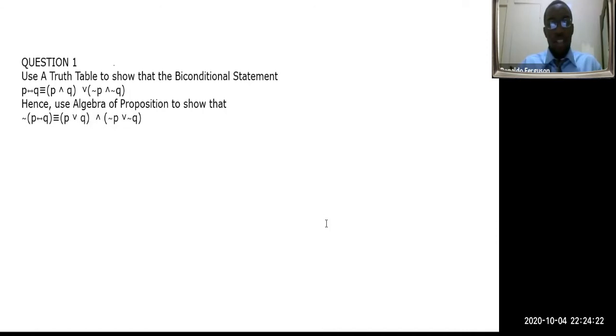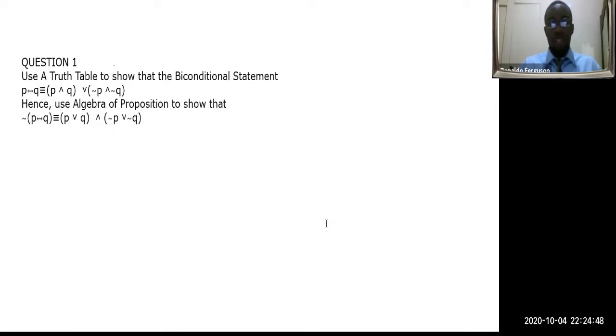So we have a worksheet right here, and it says, question 1, use a truth table to show that the biconditional statement P if and only if Q is logically equivalent to P and Q or not P and not Q. So we're going to use a truth table to justify the result of this.